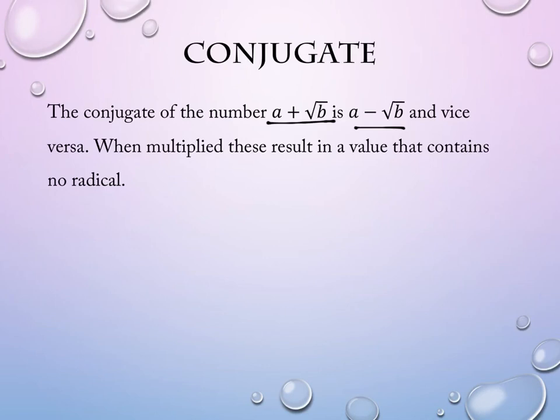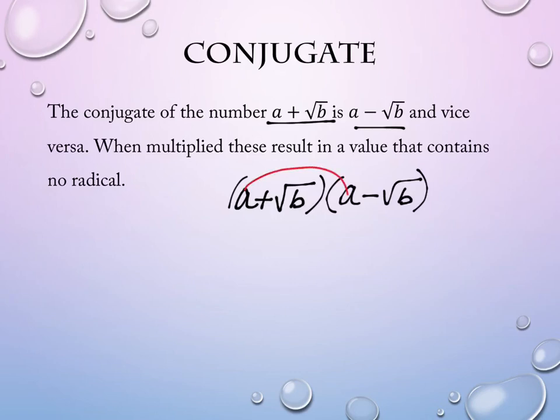And I'd like to show you why, in general, this is actually helpful. So when I multiply these by one another, remember we're going to do first, outer, inner, last. It's a distribution process. So to multiply a times a, I get a squared. The outer one's multiplied, a times negative square root of b is negative a square root of b.